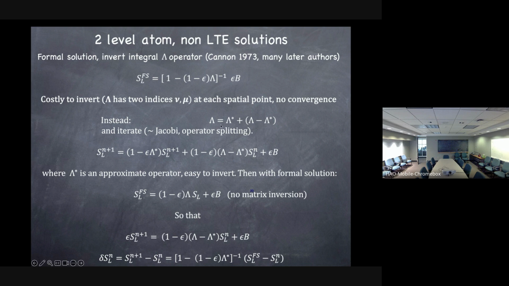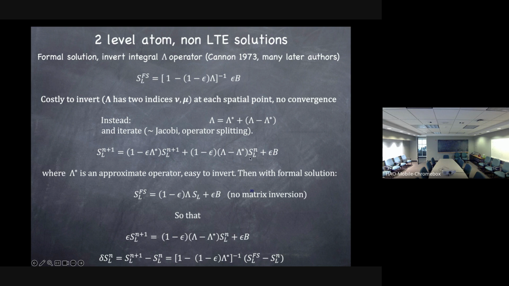And now we have a different scheme. This is equivalent to what Jacobi did 100 odd years ago, and it's called operator splitting. So we split the operator into an approximate part and an accurate part, but we have to remove that one. And what we end up with is a scheme like this.